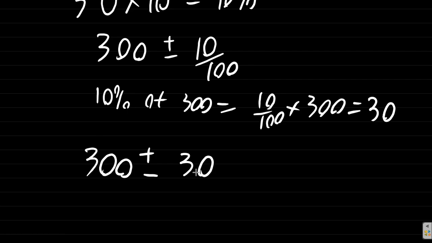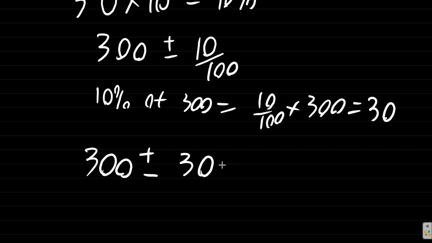Now, the average resistance is 300. But in manufacturing, they can't make it exactly 300 ohms. And they are mass produced, making a large number of them every day.